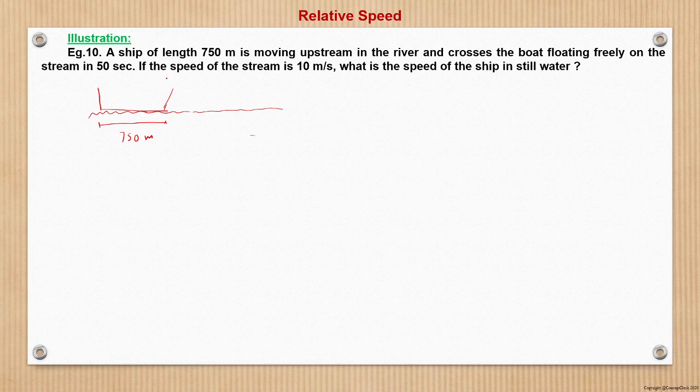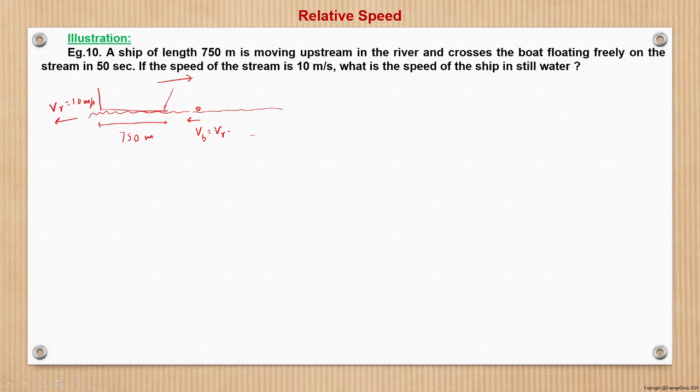So it is moving, say, this way, whereas the river is flowing in this direction at a speed of Vr, which is given as 10 meter per second. The boat is flowing in this direction and the ship crosses the boat. The boat is very small, of negligible length, so that length we will ignore here. Floating freely on the stream means it will move with the flow of the stream, in this direction, so here the velocity of the boat is nothing but the velocity of the river.